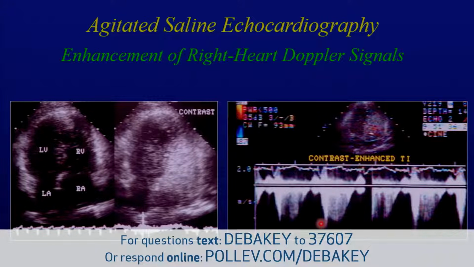Remember also, since we're talking about saline here, that diagnosis of patent foramen ovale is probably best for detection purposes in the awake patient during transthoracic examination, as opposed to transesophageal examination.